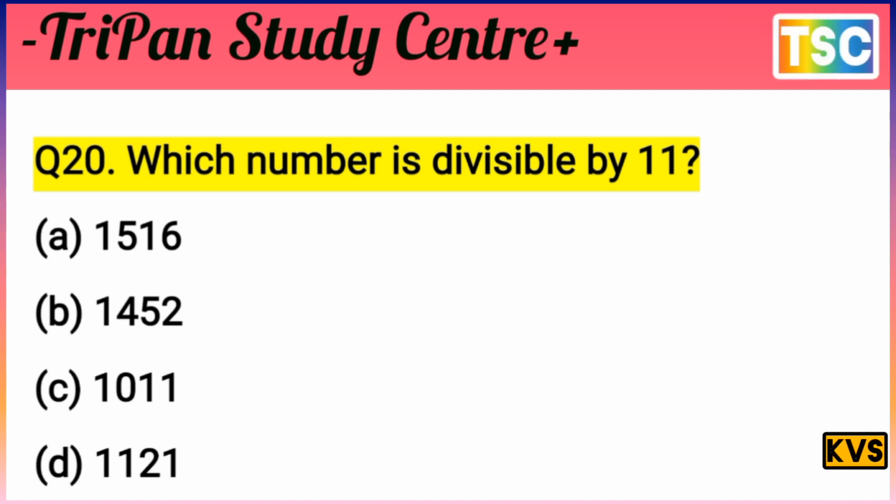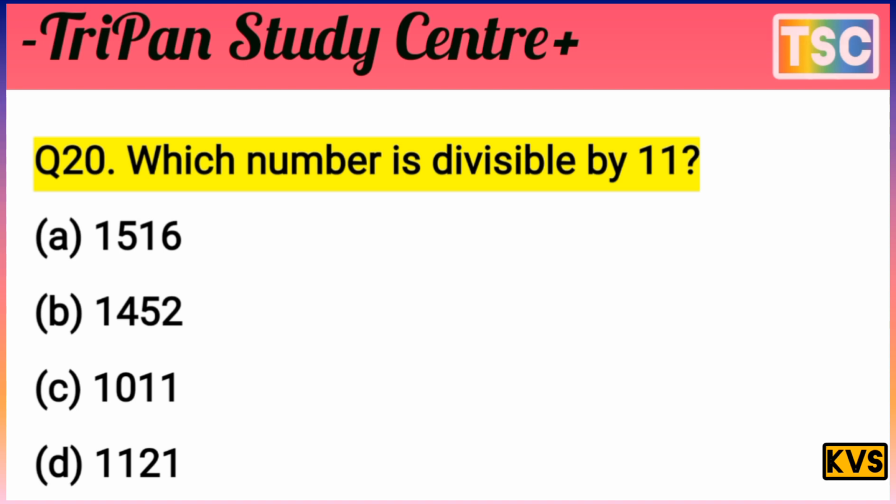Which number is divisible by 11? The answer is B, 1452. That's easily divisible by 11. Checking the digits, we get 35, then 33, and subtracting gives 2, and that's 22.